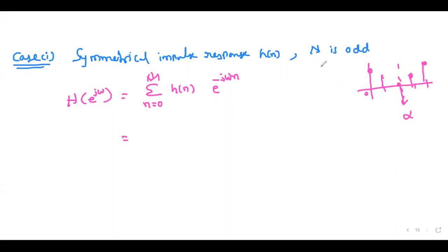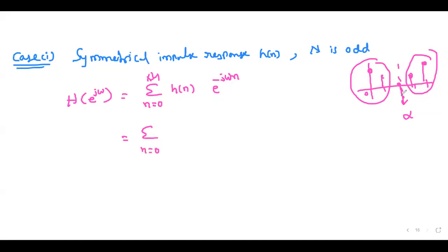So the total h of n sequence can be divided into three parts: first part, middle part, and last part. I will divide this summation into three parts.